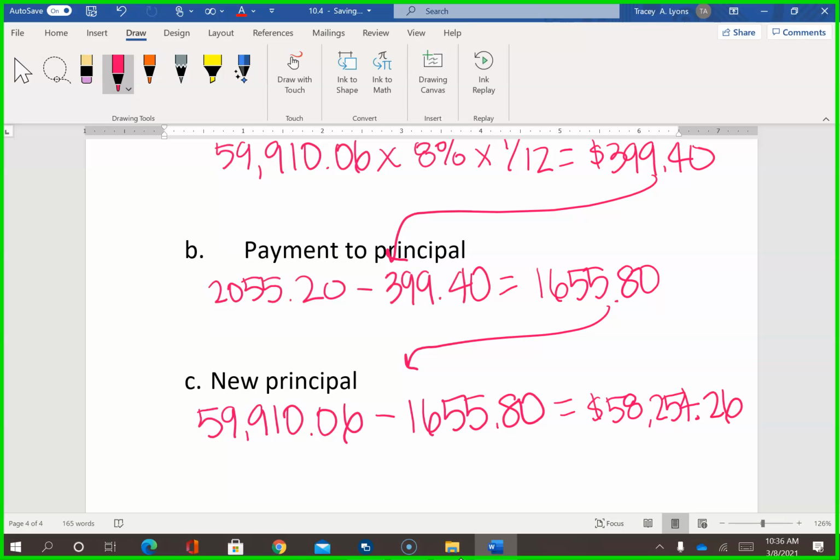So they now owe $58,254.26. Even though it's in the middle, you can kind of see how the numbers have changed a little bit. At the beginning, you pay more interest. When you get to the middle, you pay less interest. More goes toward the amount you borrowed.